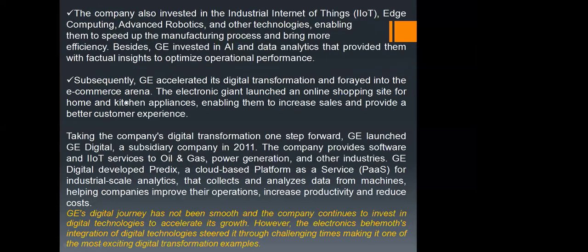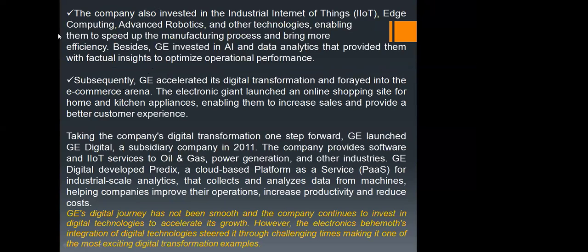Then the company also invested in the industrial Internet of Things, IIoT, edge computing, and advanced robotics, which enabled them to speed up the manufacturing process.